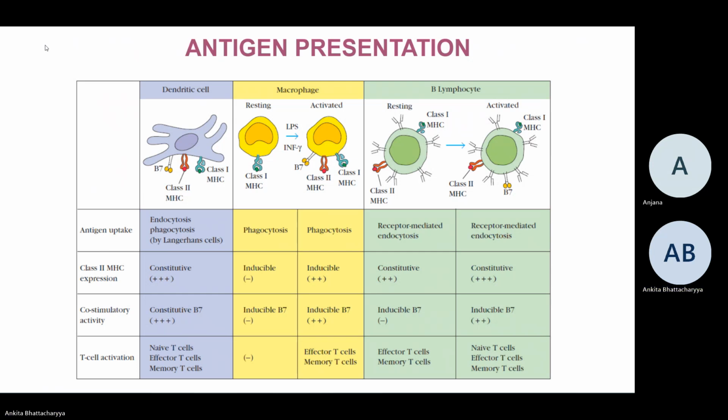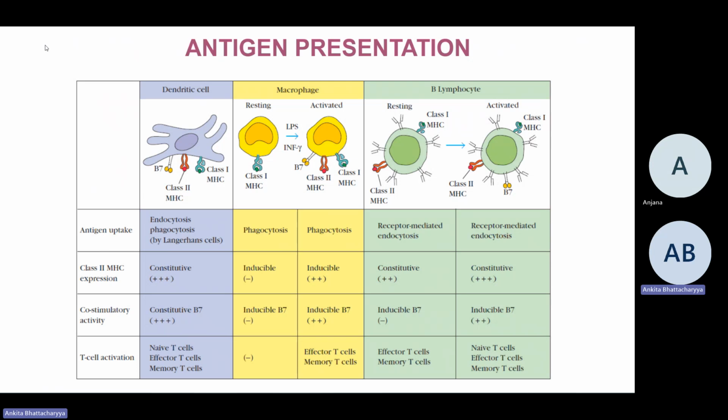T cell activation can be carried out by naive T cells, effector T cells, or memory T cells as well. For macrophages, resting state macrophages can take up antigens by phagocytosis, which is then supported by their activation further. They do not have inducible B7, or T cell activation capacities, or they have very basic levels.